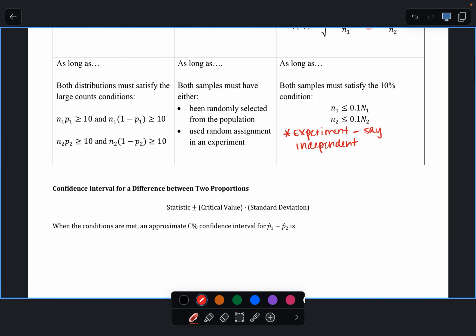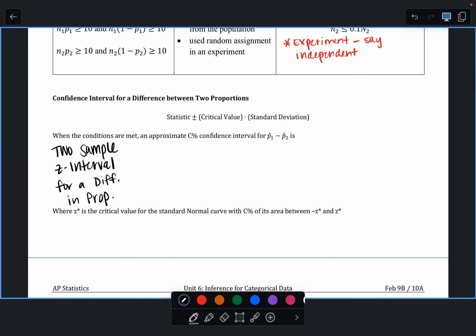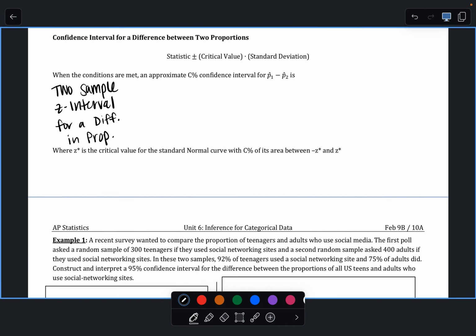So when we are trying to do a two-sample Z interval for a difference in proportions, and I'll show you how you can shorthand that when we get to an actual problem in just a second, whenever you're trying to calculate the interval, you first have to remember that for a confidence interval, it's taking a point estimate plus or minus a margin of error.